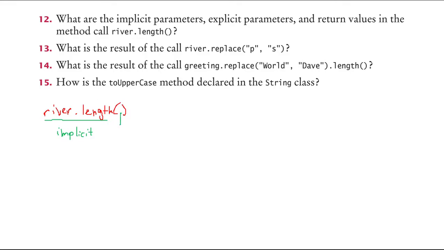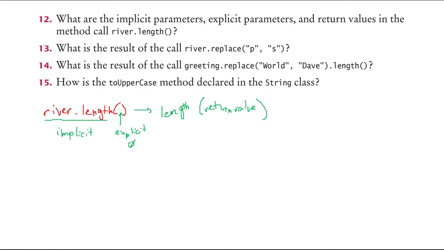In this case, it is empty. So the explicit is empty, and the return value is going to give you the length, how many elements. That's the return value. That's the first part.